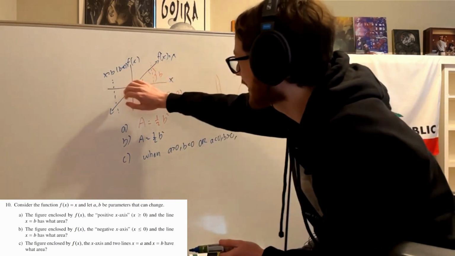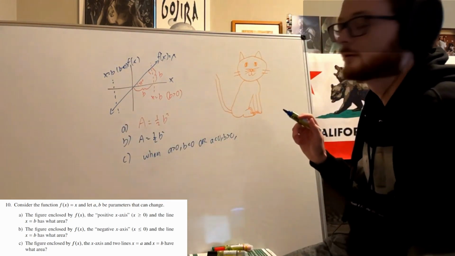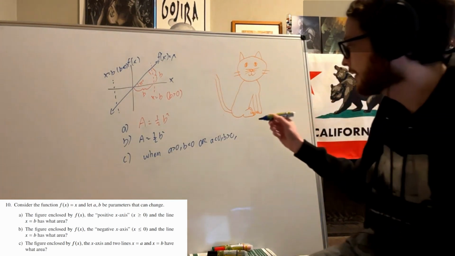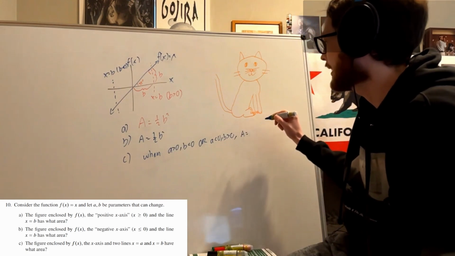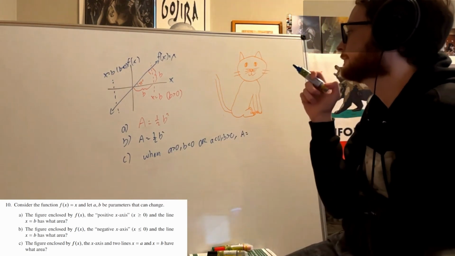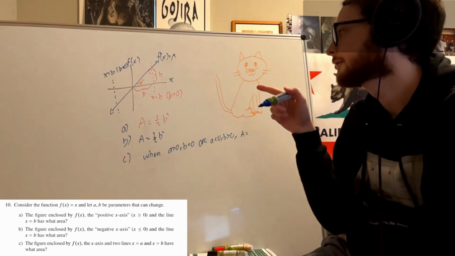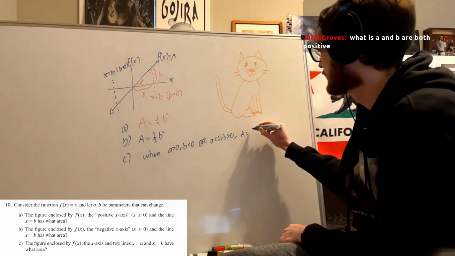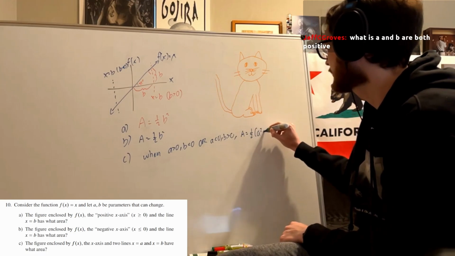Just that triangle plus that triangle, if that's a and that's b. That seems reasonable to me. So 1/2 b squared plus 1/2 a squared, so 1/2 times a squared plus b squared.